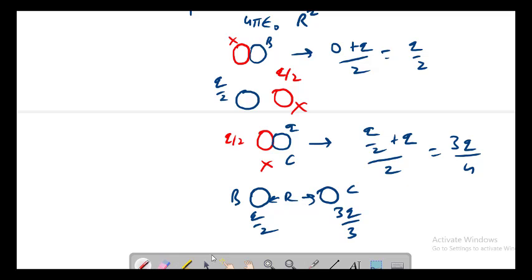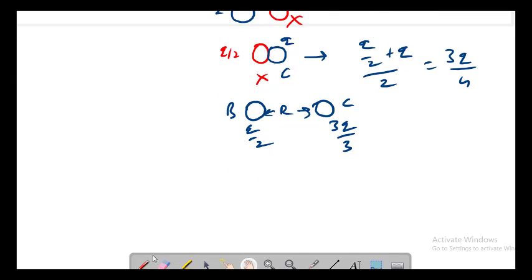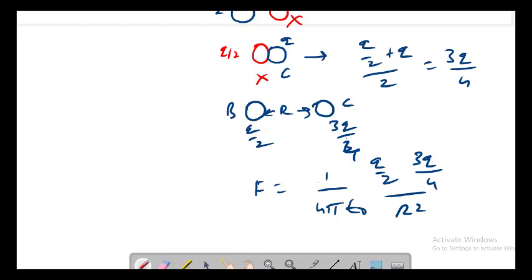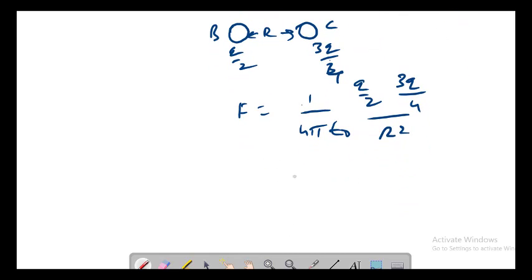Now we do the calculation. What is the force now? New force F equals 1 upon 4 pi epsilon 0 into Q by 2 into 3Q by 4, on R squared. If we do the calculation, we have 1 upon 4 pi epsilon 0 Q square upon R square into 3 by 8.